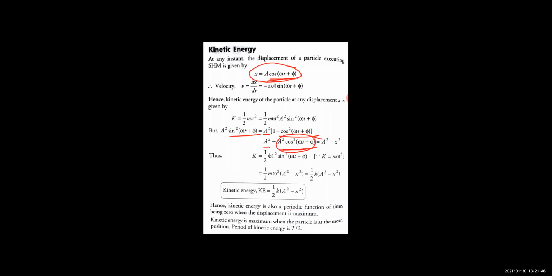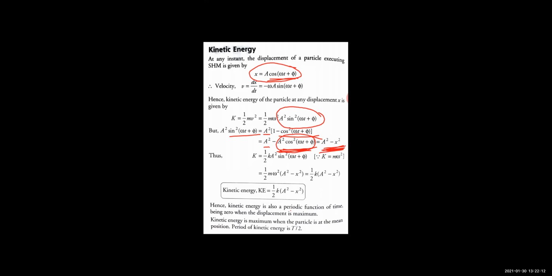So this is A² minus x². So in your kinetic energy, instead of A² sin²(ωt + φ), we can put A² minus x².